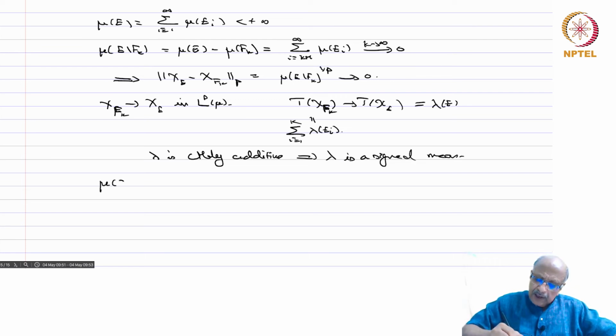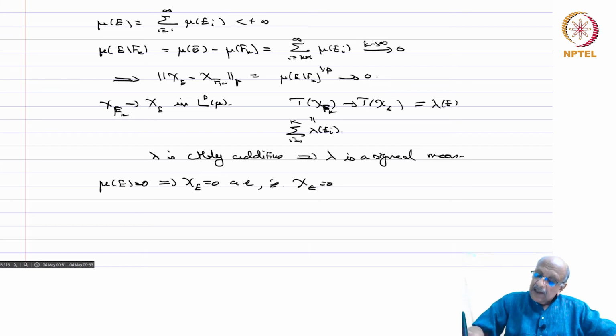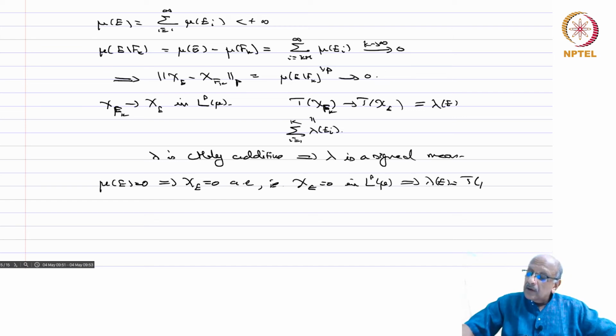Now if mu E equal to 0, this implies that chi E equal to 0 almost everywhere, that is chi E equal to 0 in Lp mu, and therefore this implies that lambda of E, which is T of chi E, equal to 0. This implies that lambda is absolutely continuous with respect to mu.